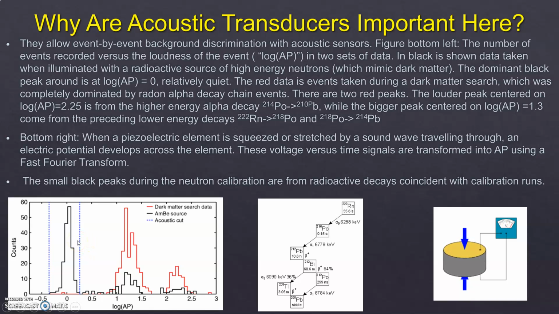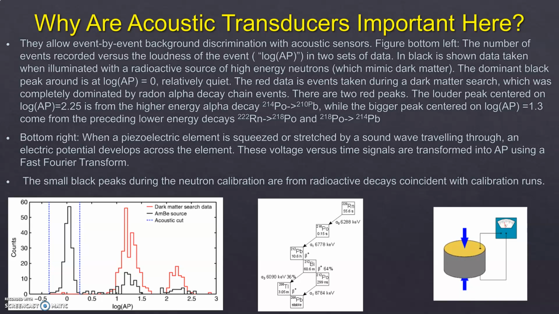Well, neutrons, but neutrons work the same as the dark matter particles. If it's on the right side, it means they are louder than the ones on the left side. So it is obvious that the dark matter particles have smaller, less loud noises than the radioactive ones.